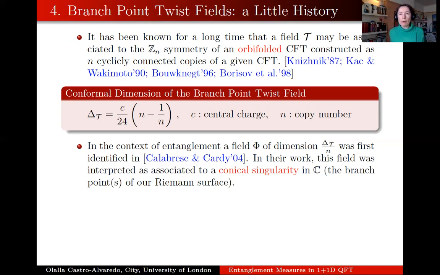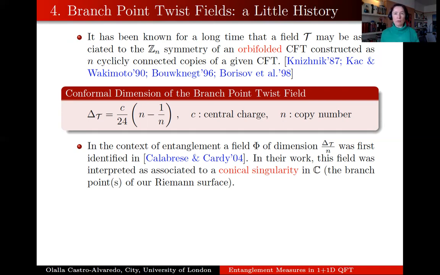They didn't talk about symmetries and they didn't talk about replicas, but they talked about the Riemann surface, and they said that in each branch point, which is a conical singularity, there should be a field phi and its conjugate sitting. Entanglement measures should be correlation functions of that field. However, as I just said, the field has a different dimension from the field we're talking about here, and so the formulas that they get for the entanglement entropy are also a little bit different. So it's not exactly the same field.